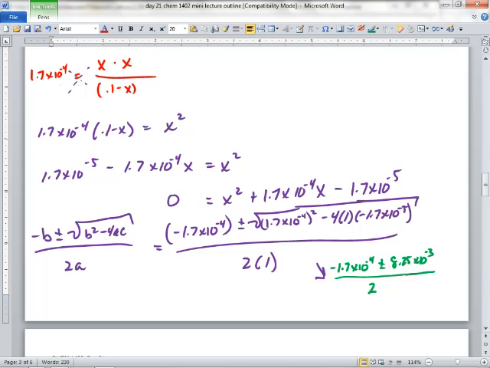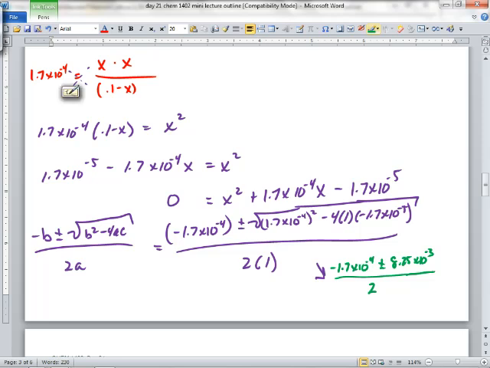Okay. And if you take a look at it, you can disregard minus 8.25 times 10 to the negative 3 because my first term is negative. It can't have a negative x. So the answer's got to be when I add a positive 8.25 times 10 to the negative 3. Does that make sense? You divide it by 2.